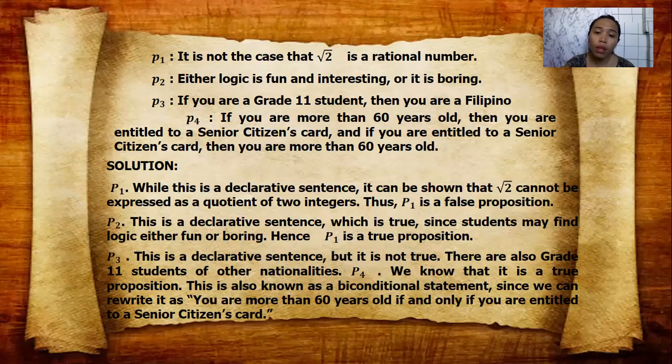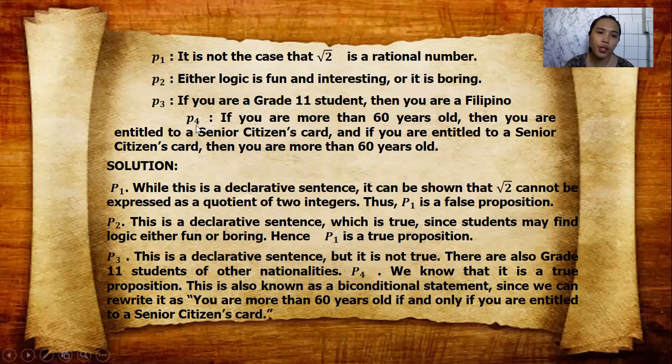But it is not true. Why? Because there are also grade 11 students that are not Filipino. There are grade 11 students of other nationalities. So therefore, your P sub 3 is a false proposition.